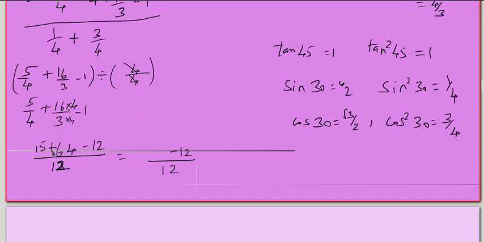Instead of that, the easiest way is, 15 and 12 are very close now. 15 minus 12 becomes 3. So 64 plus 3 becomes 67. 67 divided by 12. As 67 is a prime number, it will not go in the 12th table. We can leave it as it is. And the denominator also is a rational number, so no need to worry.